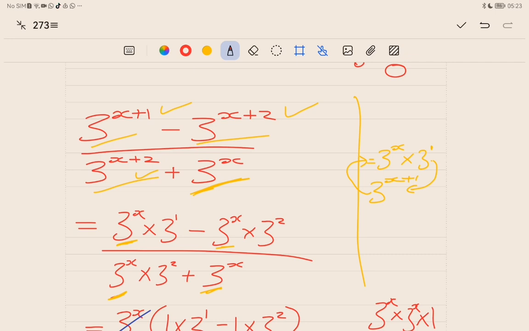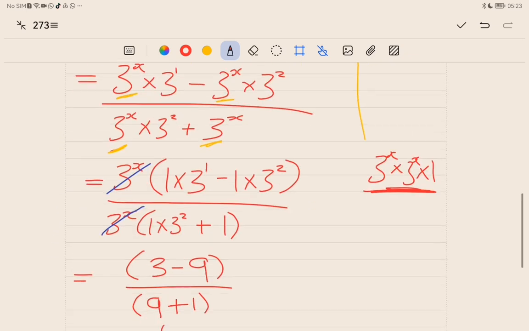So it is going to be 3 to the power 1 plus 1 minus 3 to the power 1 plus 2, divided by 3 to the power 1 plus 2 plus 3 to the power 1. Then you get negative 3 over 5. It shows that you have simplified correctly.